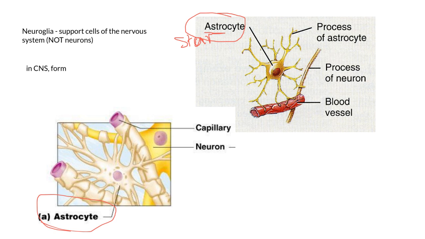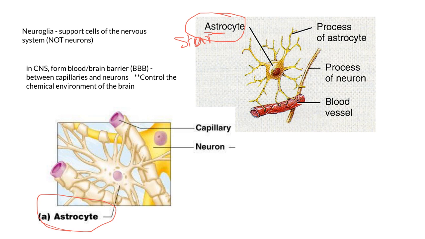Right? It forms what we call the blood-brain barrier, which is also abbreviated BBB. So the blood-brain barrier basically forms between the capillaries and the neurons. And the blood-brain barrier acts as an extra filter between the capillaries and the neurons. Its job is to control the chemical environment of the brain.